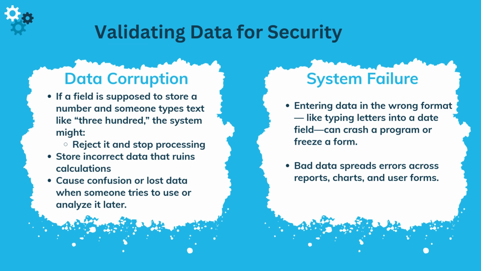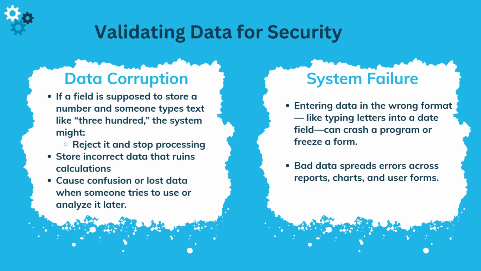When thinking about validating data that is going to be input into your database, we want to keep in mind a couple of things that we're looking to prevent. Data corruption. We want to stop incorrect data from being entered into the database because it can ruin calculations.